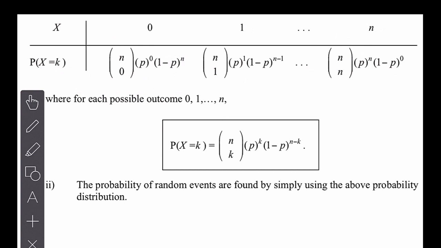So, if you notice, as we go with more successes, what happens is p, the probability of success, increases. So the exponent for the probability of success increases. That makes sense. There's none here, there's 1 here, and there's n here. And then what's this?